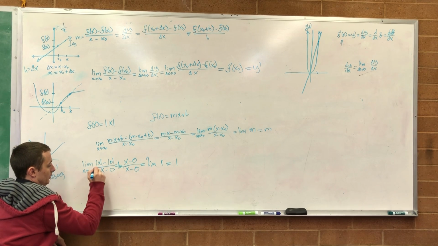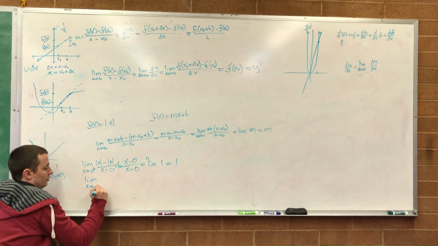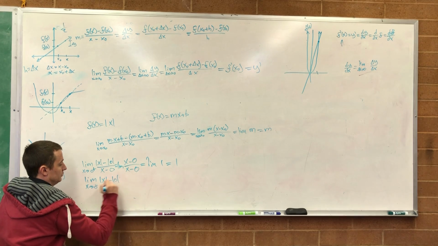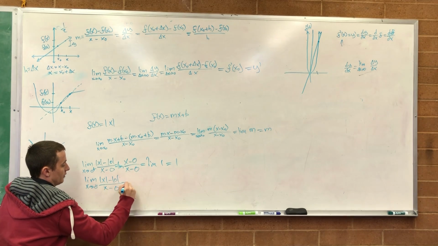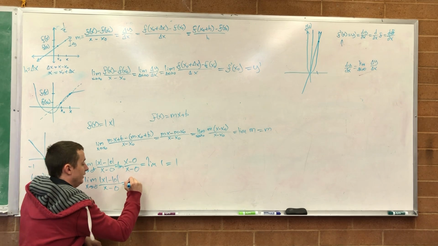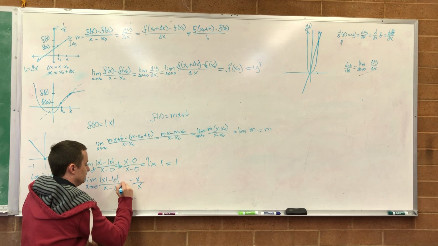Now, if we look at the limit as x approaches 0 from the left of this, what do we get? Negative x plus 0, over x.